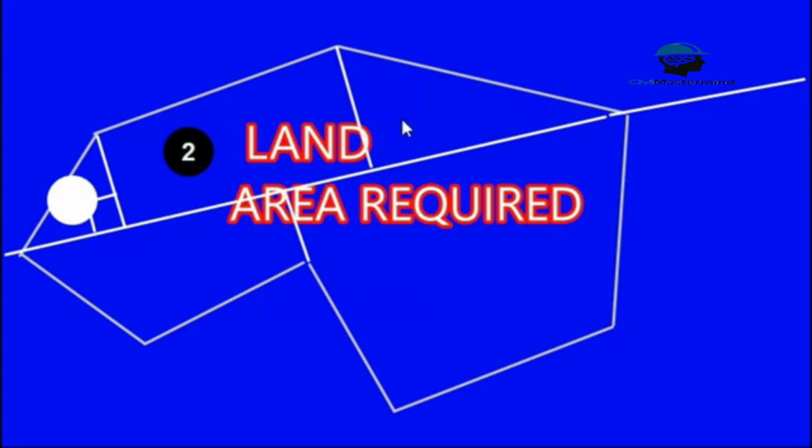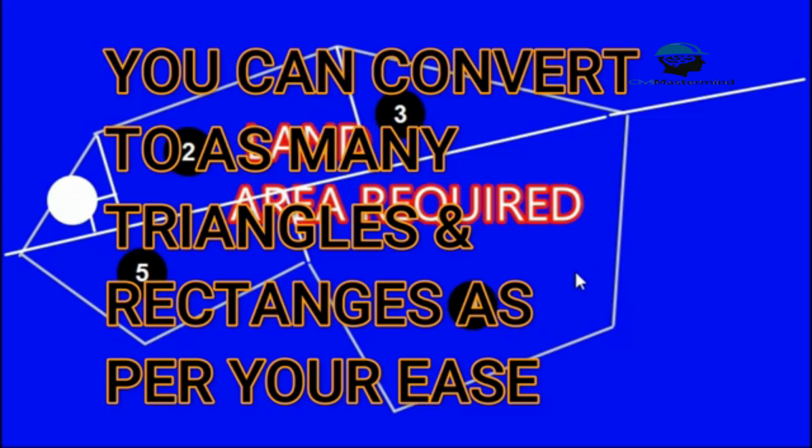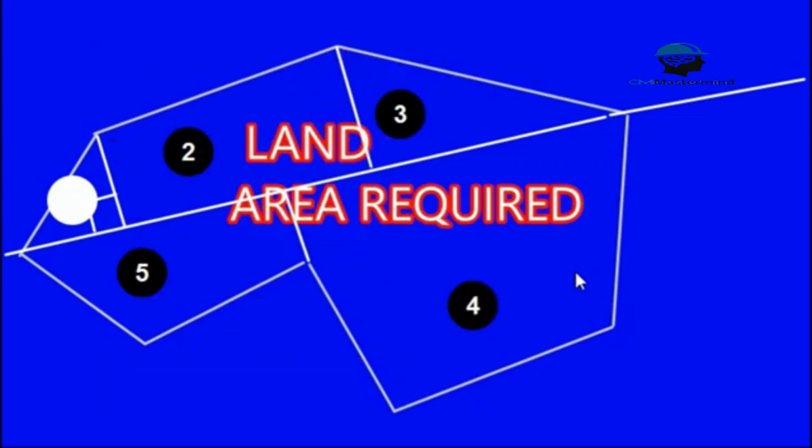This is the second one, this is the third one, the fourth one, the fifth one. So once you take out the area of this in triangles and rectangles and pentagons, etc., you will easily be able to add them up and you'll get the area. So now we'll come back to a prismatic compass.